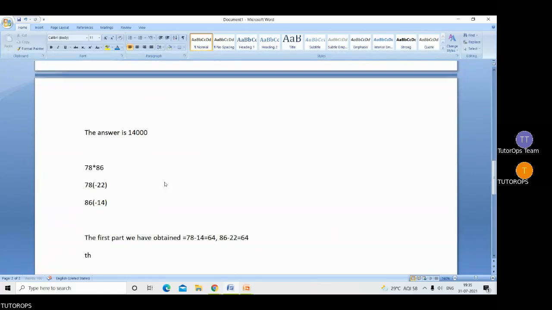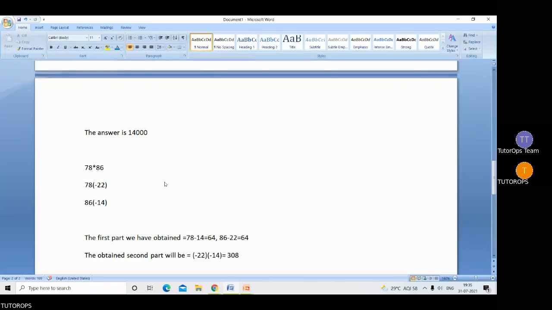So the obtained second part will be minus 22 into minus 14. So I just need to multiply these. For bigger multiplication, I can also do the vertical method, or any other method. So 22 into 14 will result in 308.